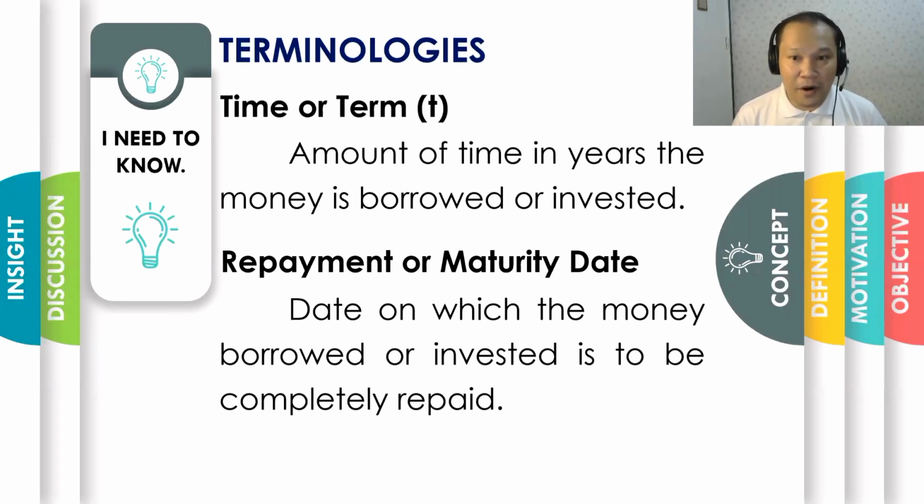But remember, when we talk about completely repaid, the principal and the interest will be the total combined amount that you are going to repay to who owns the money, whether it's a investment or it's a borrowed amount.